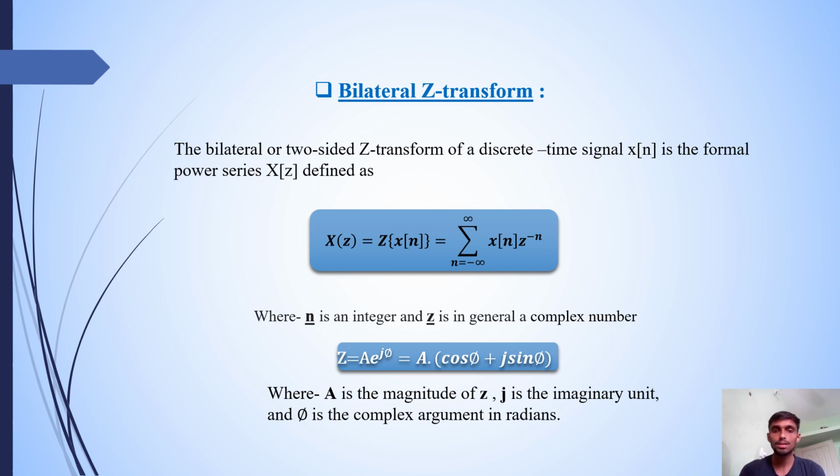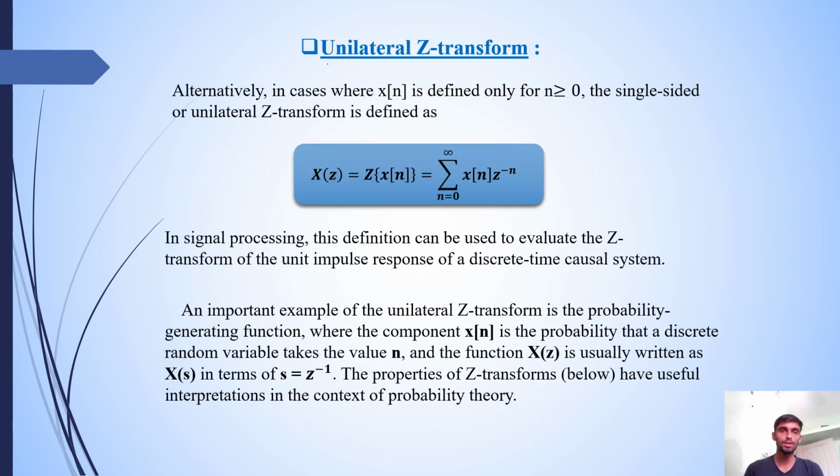Here n is an integer and z is a complex number, and z can also be defined as a e power j theta, which is equal to a cos theta plus j sin theta. Here a is the magnitude of z, j is the imaginary unit, and theta is the complex argument in radians. Next, I am going to explain the unilateral Z transform.